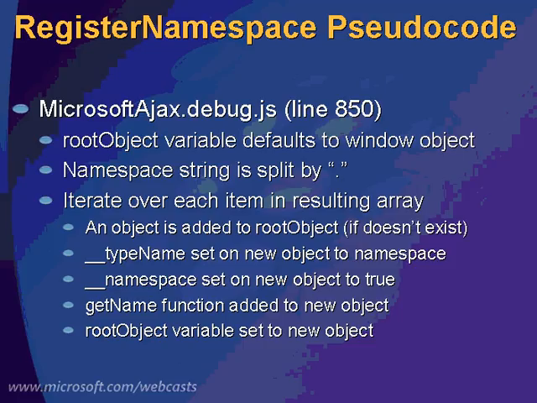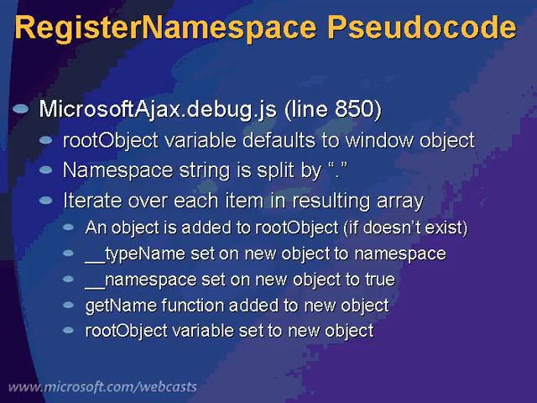If you actually take a look at MicrosoftAjax.debug.js on line 850, you'll see this code in its entirety, but the pseudocode essentially is listed here. We set a root object to the default window object. We take that namespace string that you passed us and split it by the period, or dot.